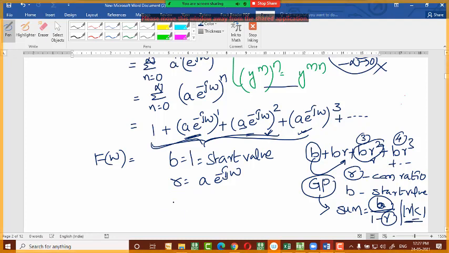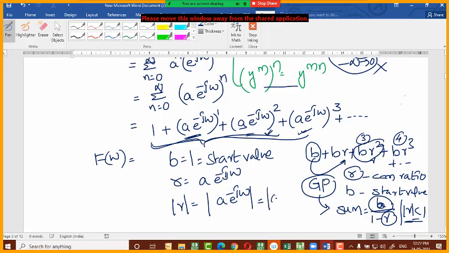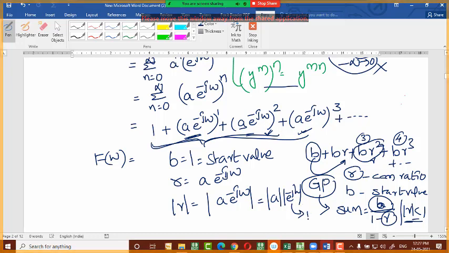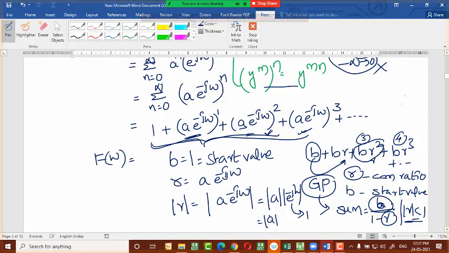What is that common ratio? The magnitude of the common ratio is the magnitude of A into e power minus j omega. This one I'm calculating, that is magnitude of A into magnitude of e power minus j omega. This one we know, e power j theta magnitude is 1. So it is equal to magnitude of A. In the given problem itself, I have given that magnitude of A is less than 1.